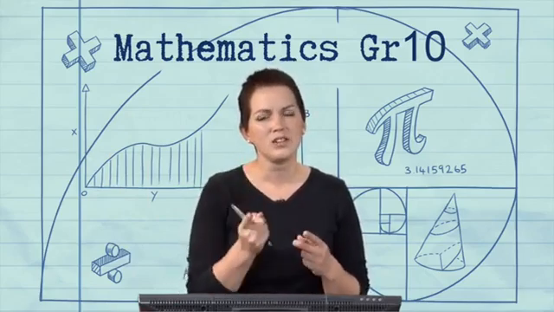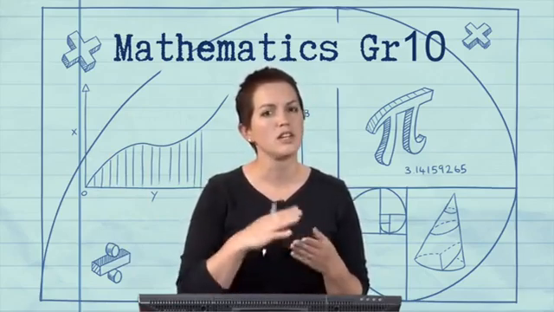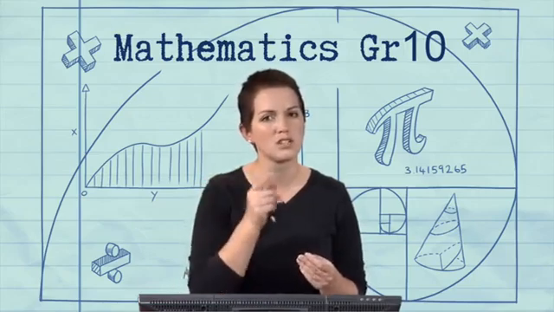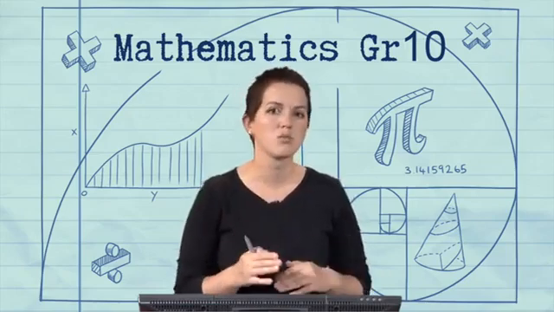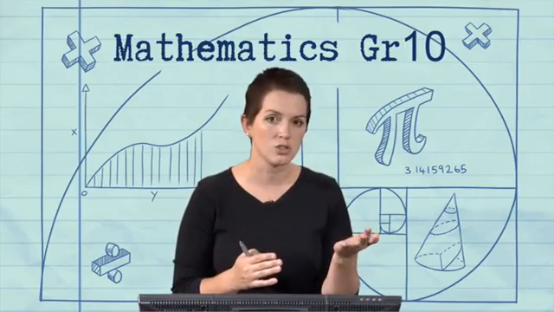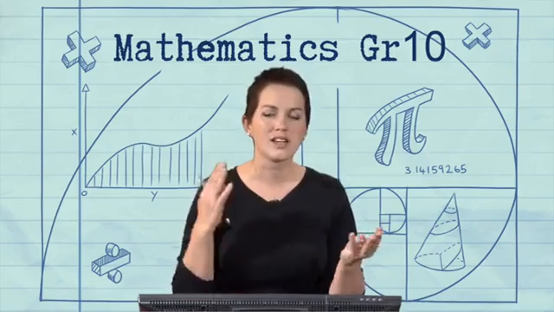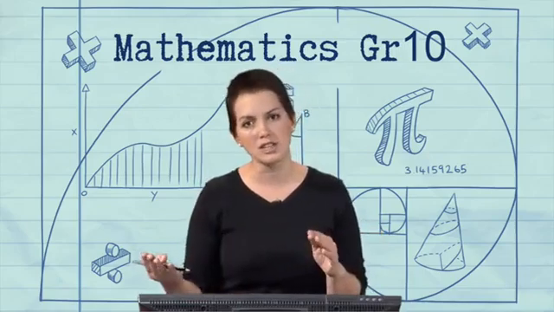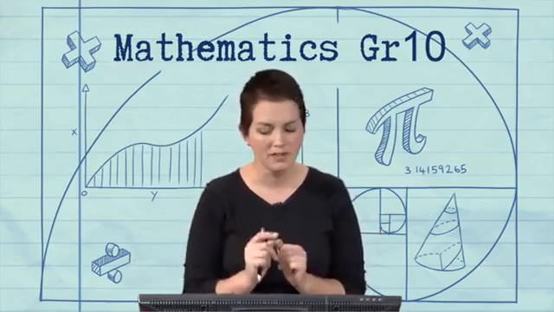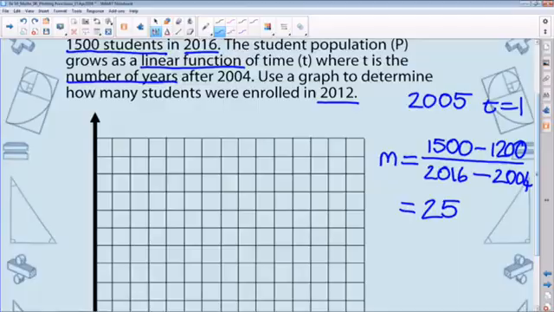Now, if they are getting 25 new students every year, it means that it will take them 4 years to gain 100 students. So I'm going to plot my first point at year 0, where they had 1,200 students, and my second point 100 students later, which means it would be at year 4. And then I'm going to draw the lines.